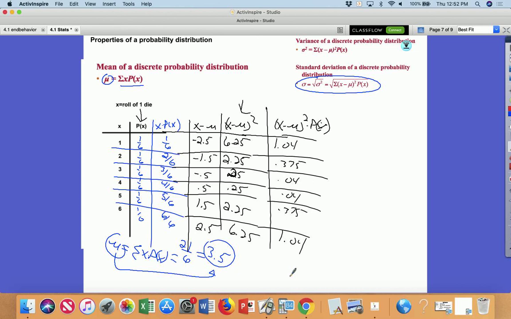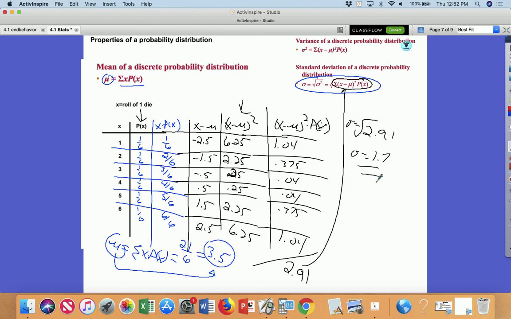And then add that up. If you add that all up, you get about 2.91. So that's this guy right here. Then just take the square root of that and you have your standard deviation, which again is a measure of the spread, that typical distance that the values are from the middle. Okay?